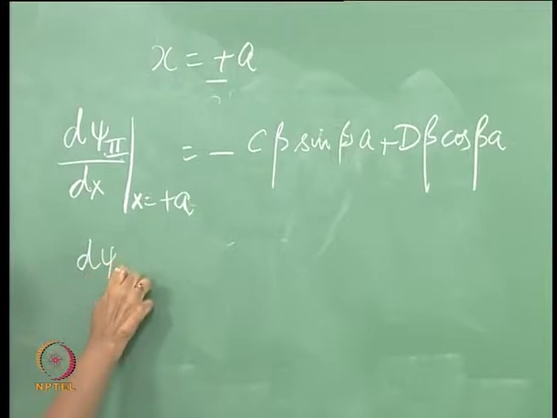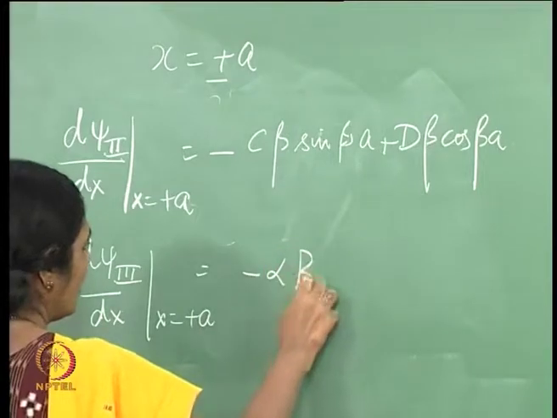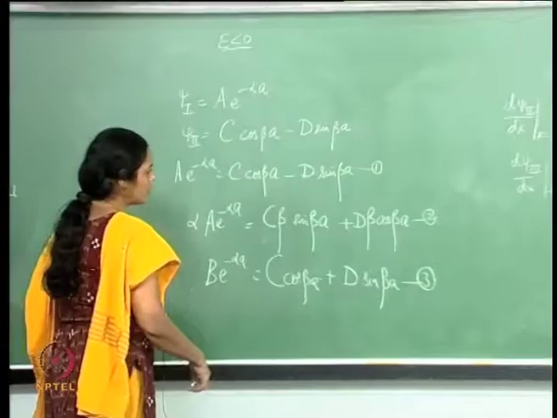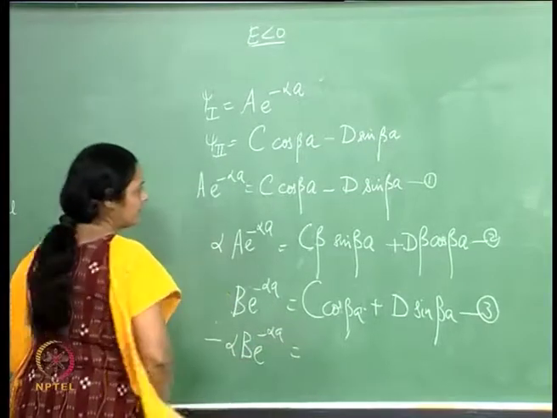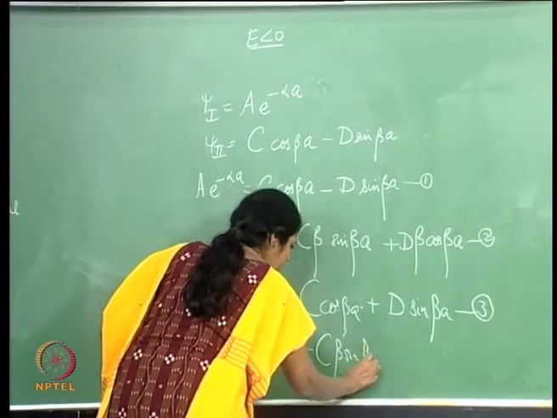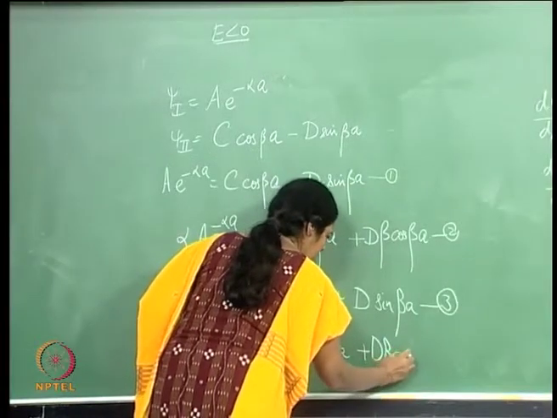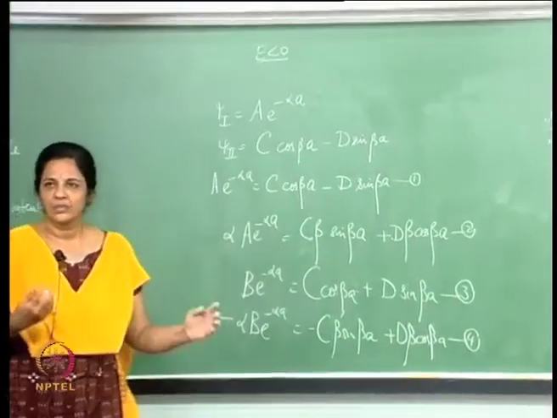Whereas d psi 3 by dx at x equals plus a is minus alpha B e to the minus alpha a. So these have to be matched. So my fourth equation simply says minus alpha B e to the minus alpha a is minus C beta sin beta a plus D beta cos beta a. And that's my fourth equation. So these are the four equations.